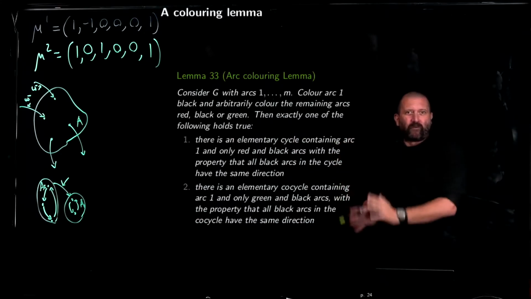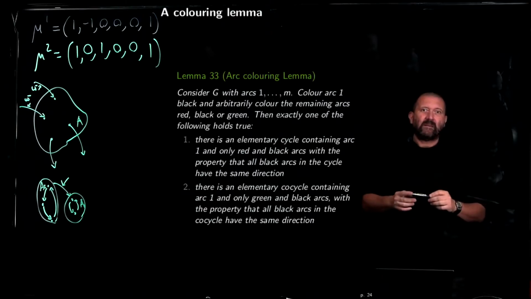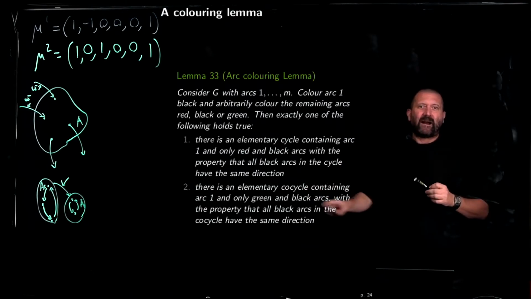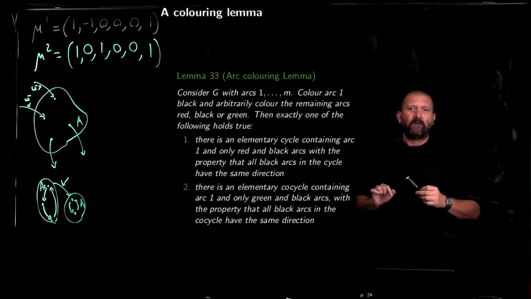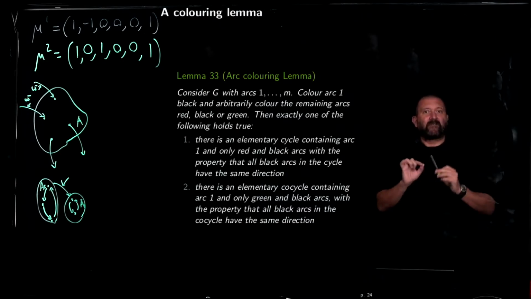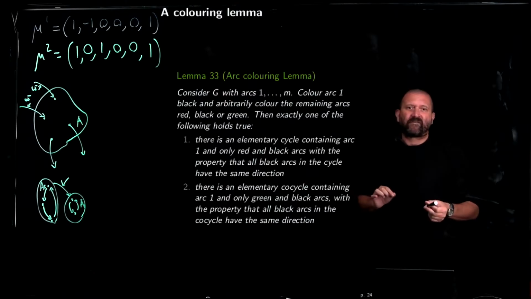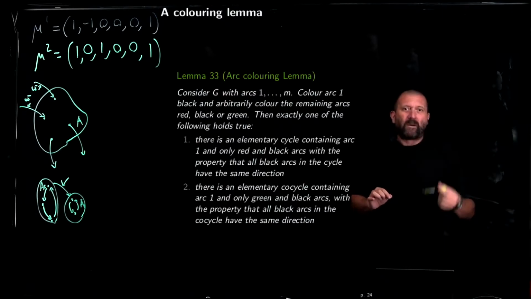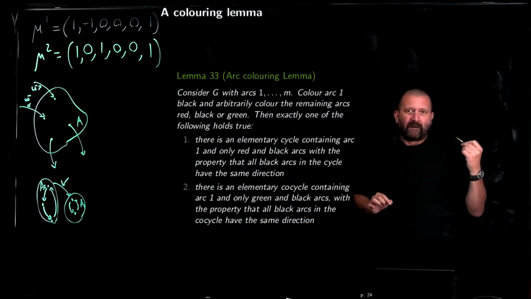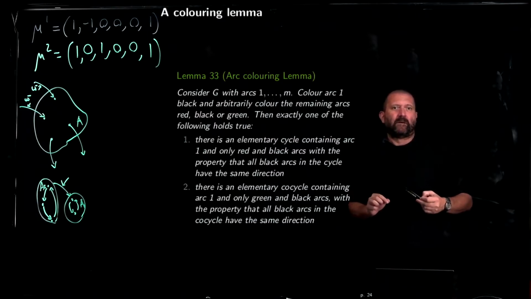Okay, so one of the two happens, but not both. So otherwise, I have an elementary cocycle that contains that first arc that I painted black, and then that elementary cocycle only contains green and black arcs, with all black arcs in that cocycle having the same direction.